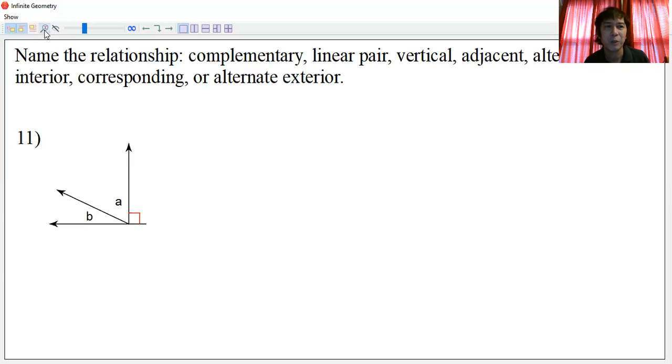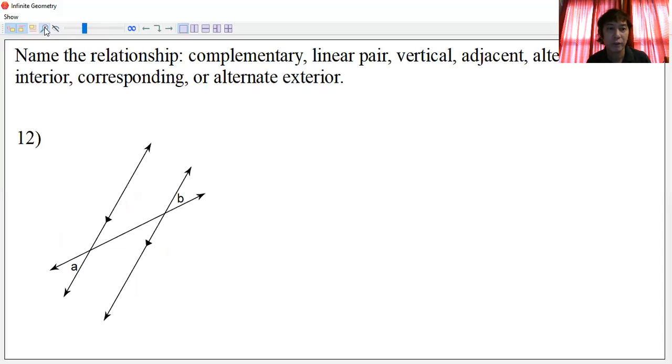Complementary angle pair. Now, a complementary angle pair is not necessarily adjacent. It can be separated. Only the total is 90. So if you have a 30 in this position and another over there, 60, these angles are still called a complementary angle pair. So that goes to our complementary angle pair definition.